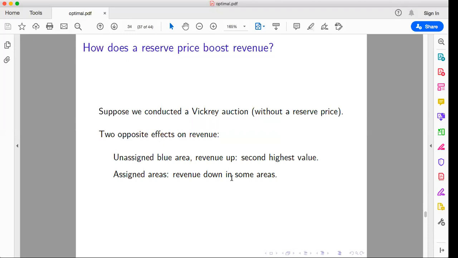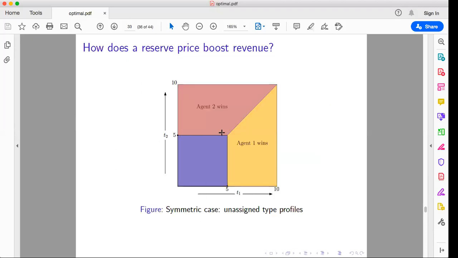So basically, the overall concern is, how does a reserve price boost revenue? We saw that this is like 1/4 of the type profile space. Because everything is uniformly distributed, 1/4 of the time we will not sell the object.